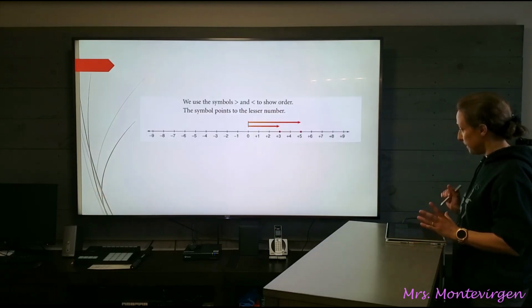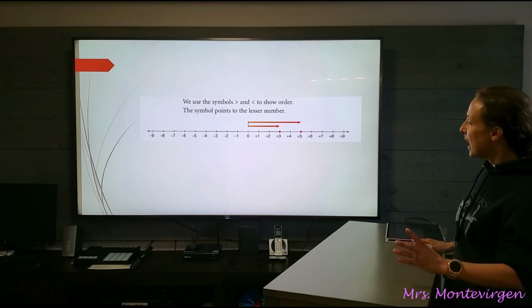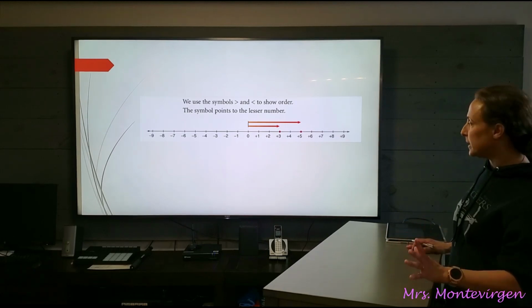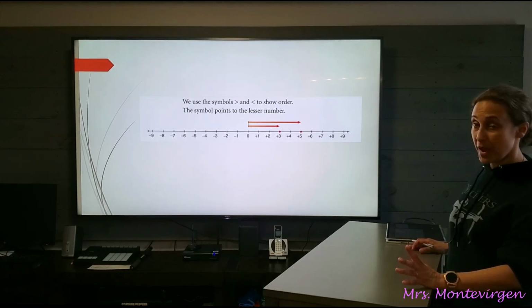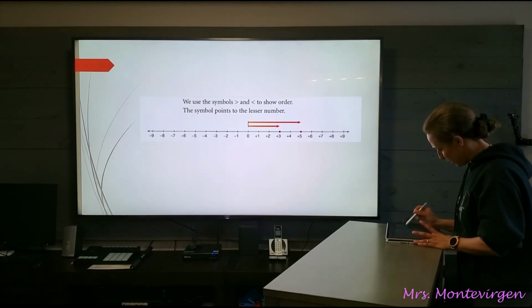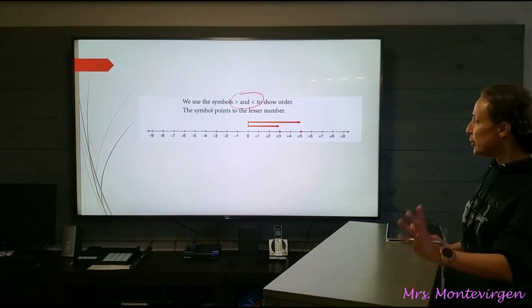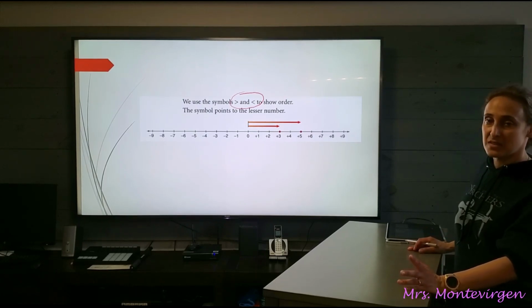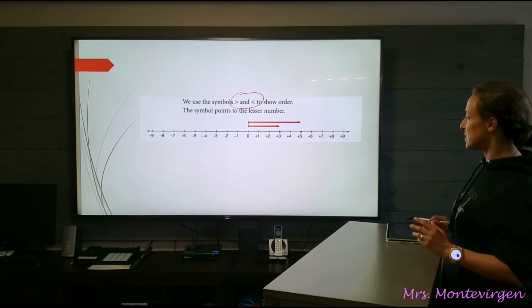Now let's move on. The number line is coming back, and it's a really, really good way of helping us to understand and compare integers. I'm going to draw your attention up here to the greater than, less than sign. When you were first learning numbers, you used those signs all the time to figure out which number is greater and which is smaller.